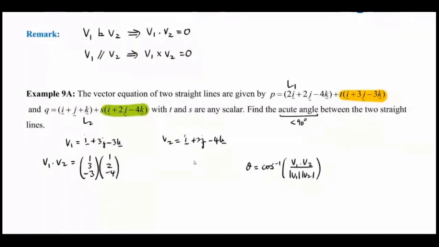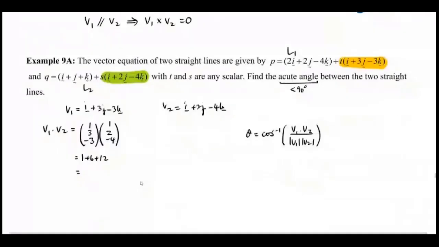So we have 1 plus 6 plus 12, which gives 19. Now find the magnitude of V1: square root of 1 plus 9 plus 9. Magnitude of V2: square root of 1 plus 4 plus 16. So here will be square root of 19, and the other is square root of 21.